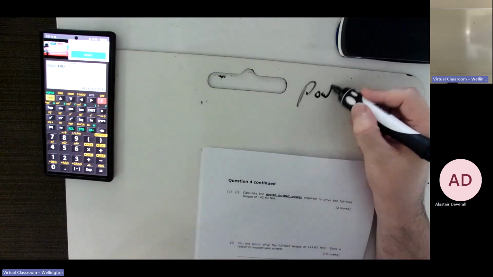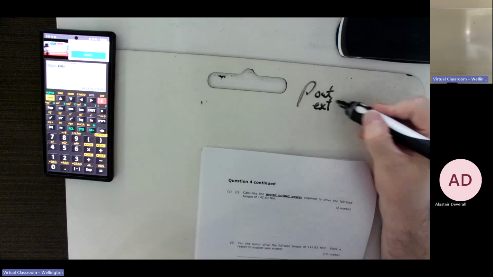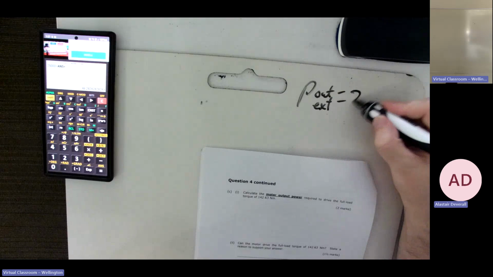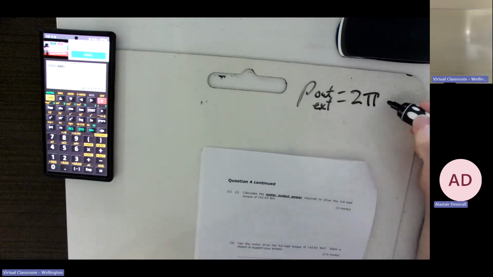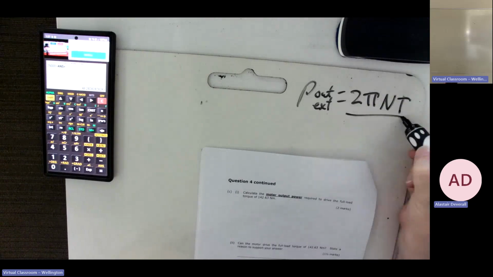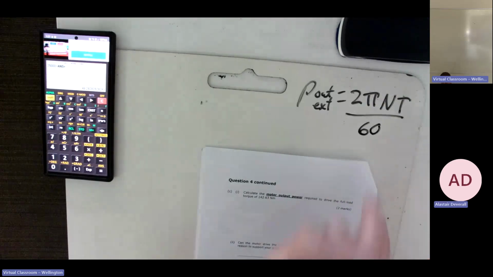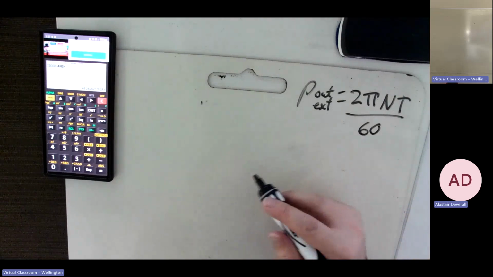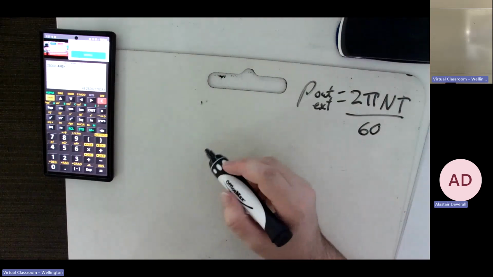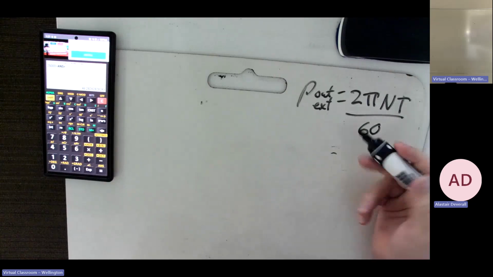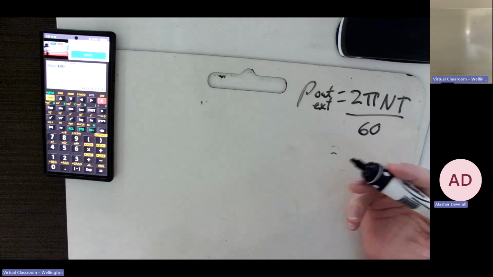P out, or external, equals 2 pi nT over 60. Now, with this question, P out is our output power in kilowatts, or watts, I should say. 2 and pi, same thing we already know.